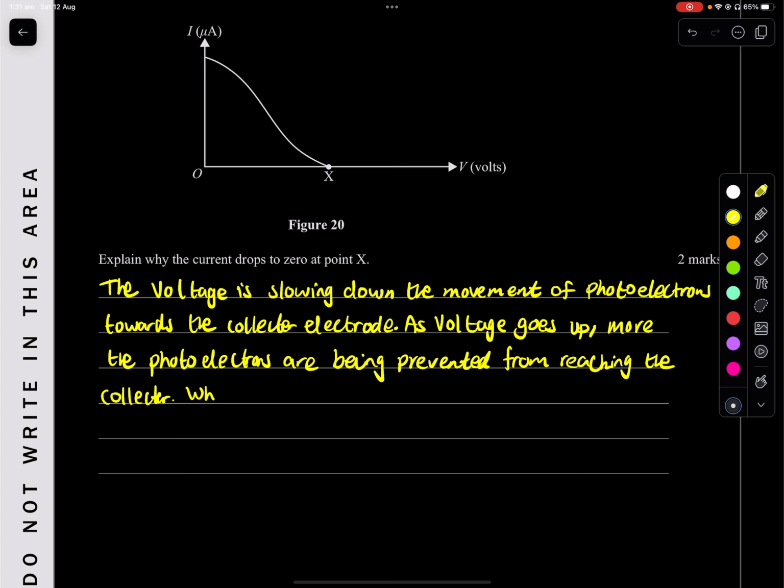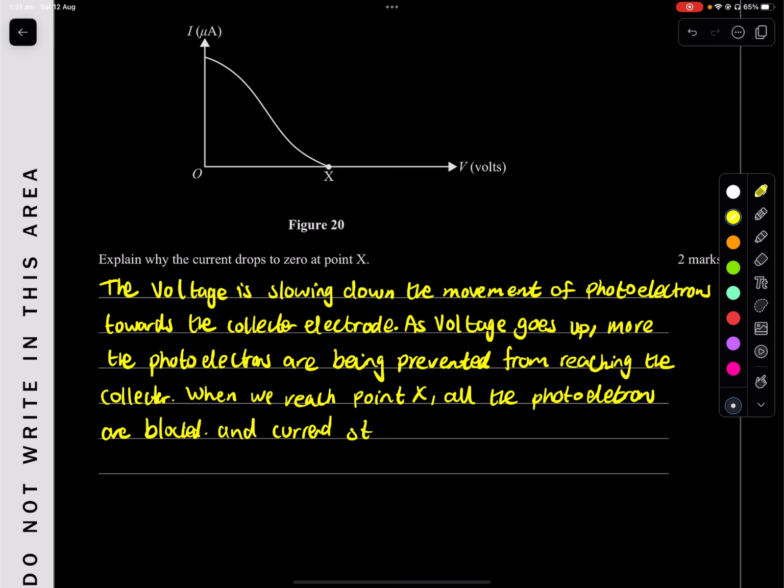So when we reach point X, all the photoelectrons are blocked, and current stops completely.